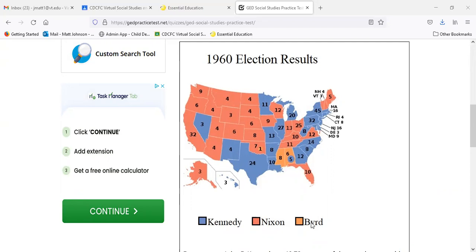So each state has a number of electoral votes based on the number of representatives in the state plus their 2 senators. So for example, there would have been 23 representatives from Ohio in 1960, plus their 2 US senators, that makes 25.